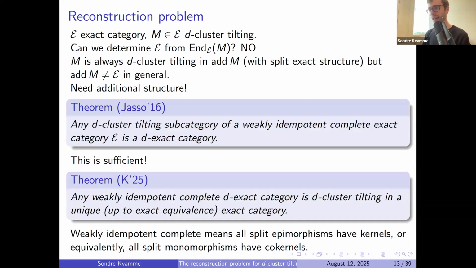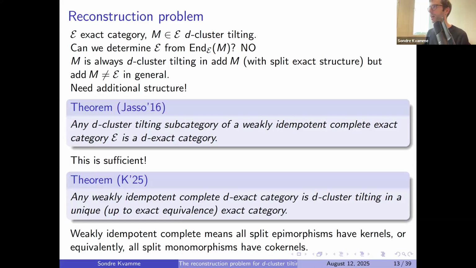In particular, any idempotent complete additive category, so any additive category where idempotents split, will automatically be weakly idempotent complete. And that's also part of the reason for the name weakly idempotent complete. So this is not a very strong assumption, but for technical reasons we need to assume it.